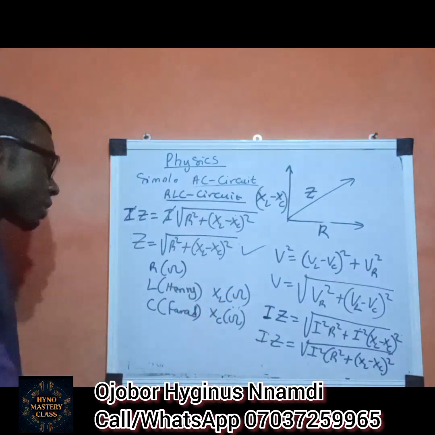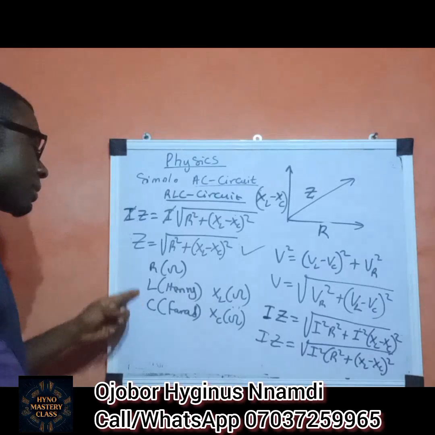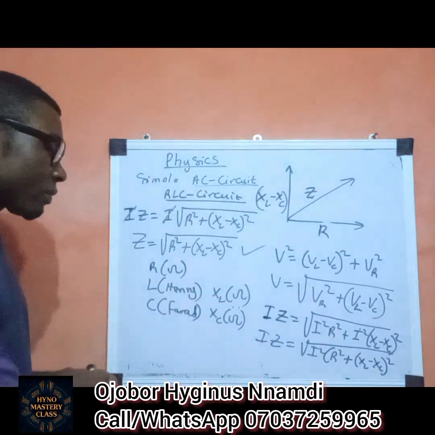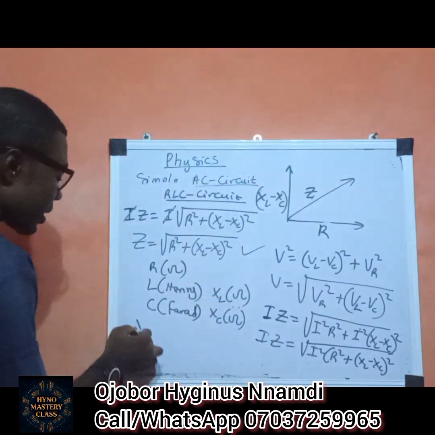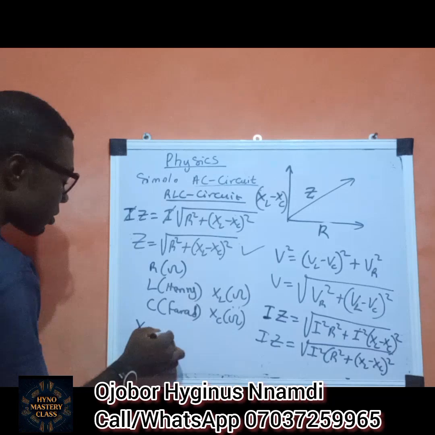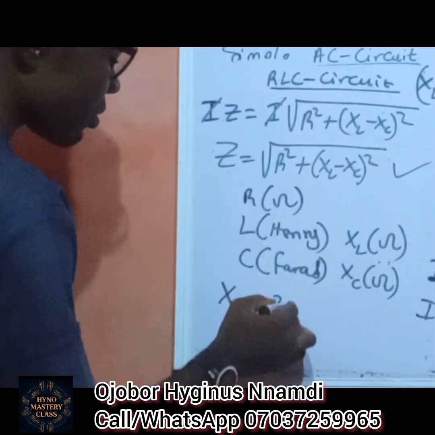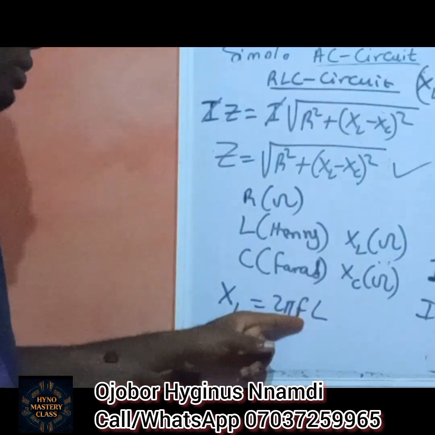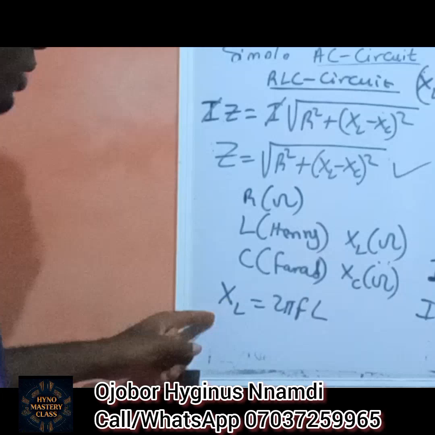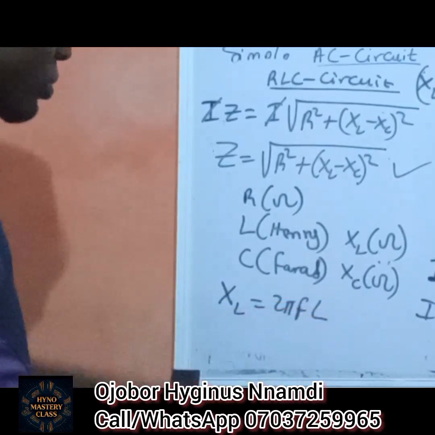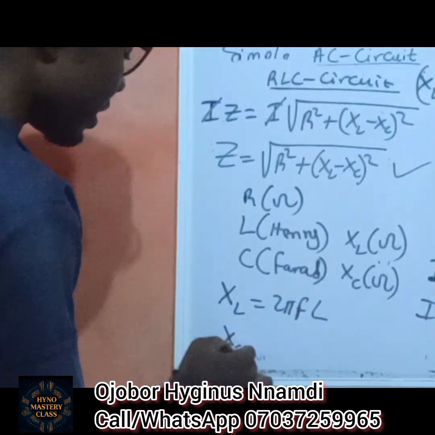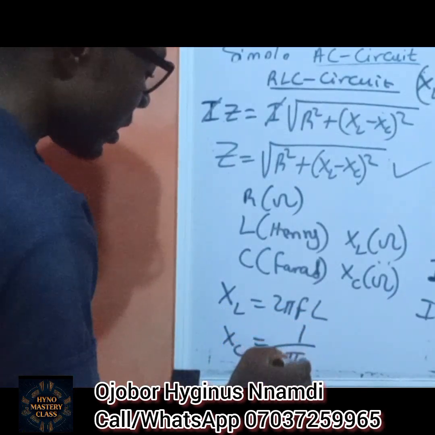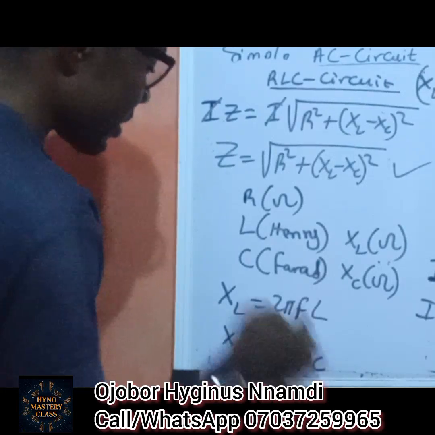The question is, how do you convert inductance and capacitance to inductive reactance and capacitive reactance respectively? They have their formulas. The inductive reactance is directly proportional to the frequency and inductance, while the capacitive reactance is inversely proportional to the frequency and the capacitance.